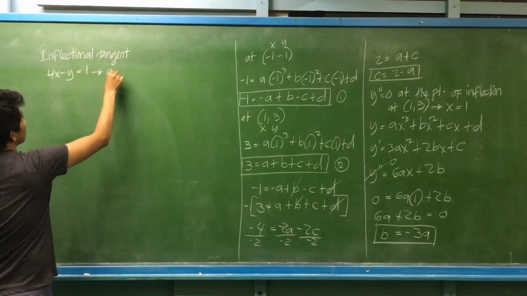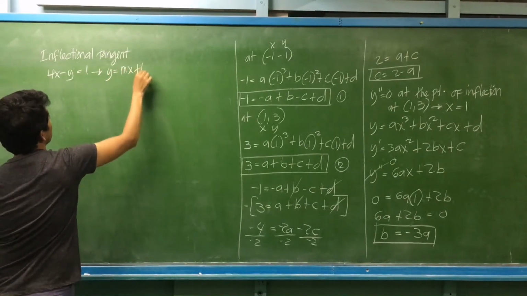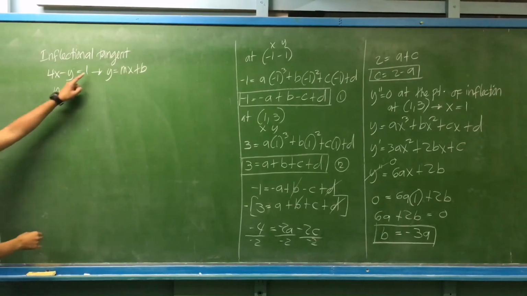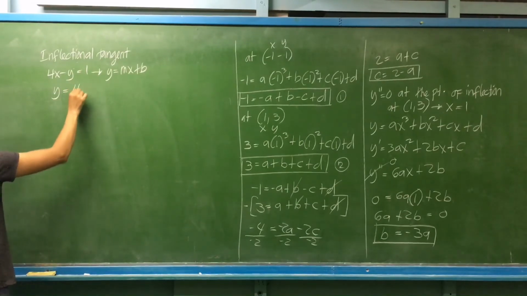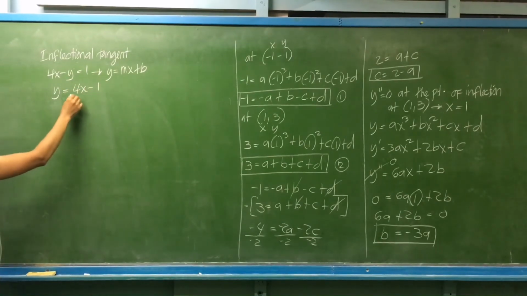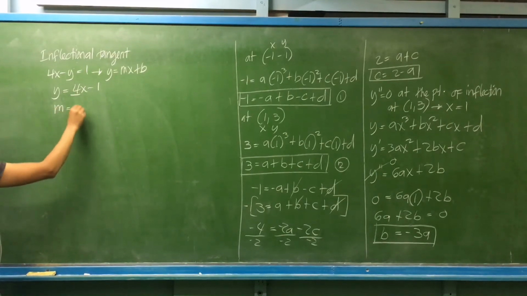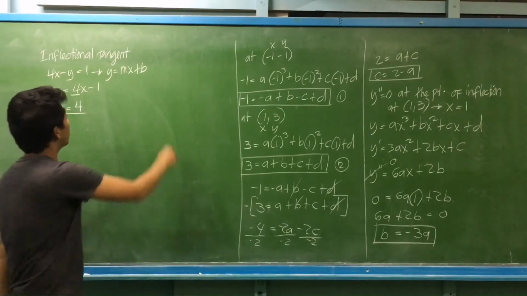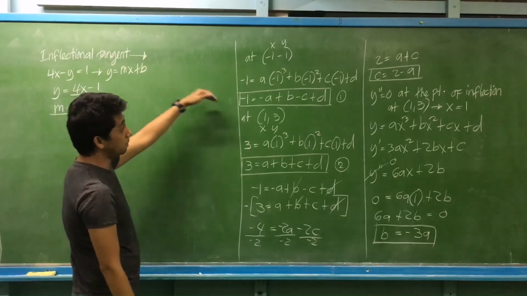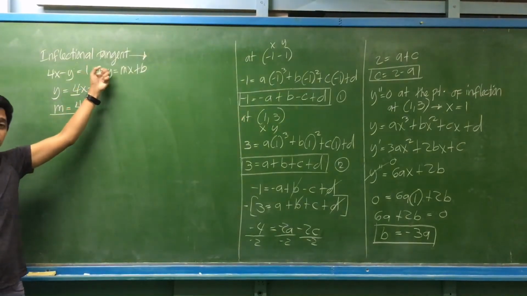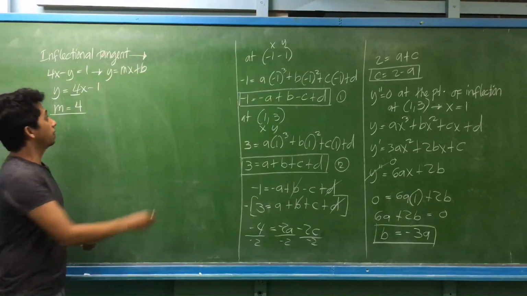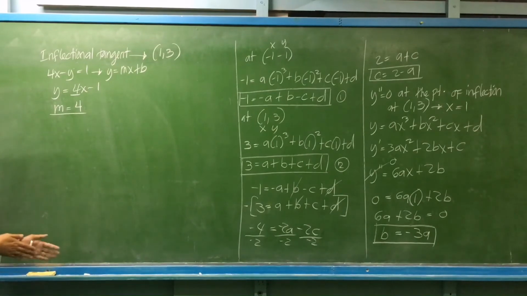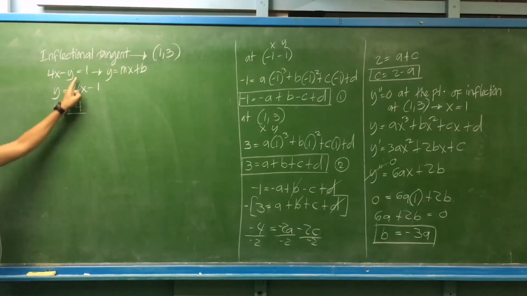If we are to convert this in the slope intercept form, y is equal to mx plus b, we have, transpose, that is the same as y equals 4x minus 1. So we have the slope of the tangent line should be equal to 4. And yung inflectional tangent na yan, dadaan siya sa point of inflection. Di ba? Inflectional tangent passes through the point of inflection, that is at 1, 3.